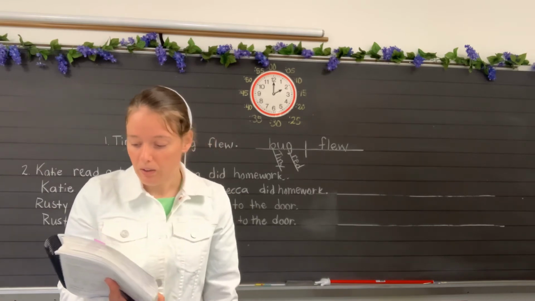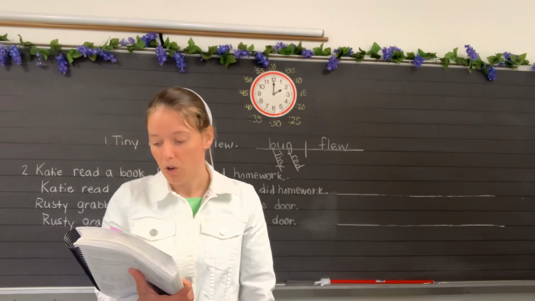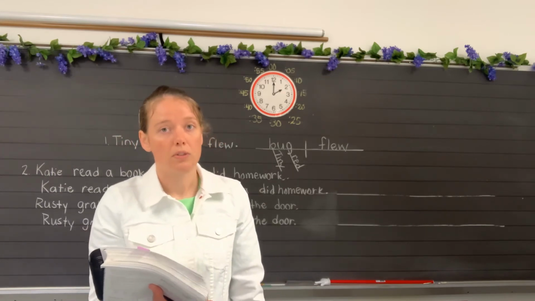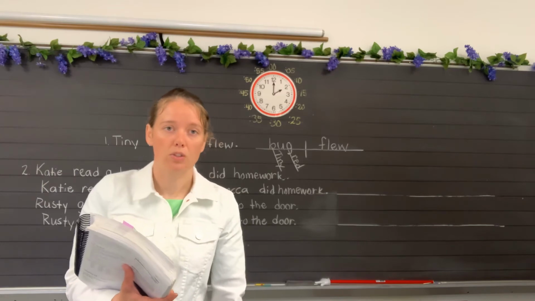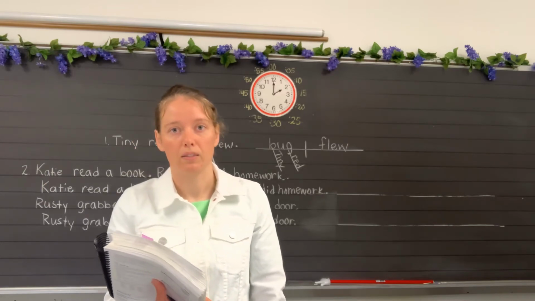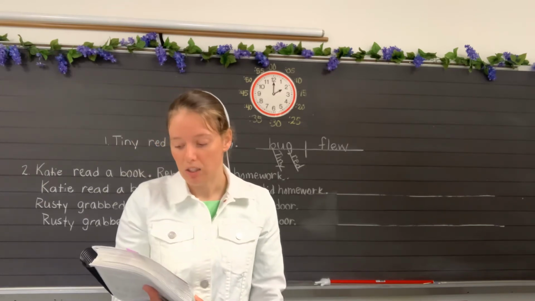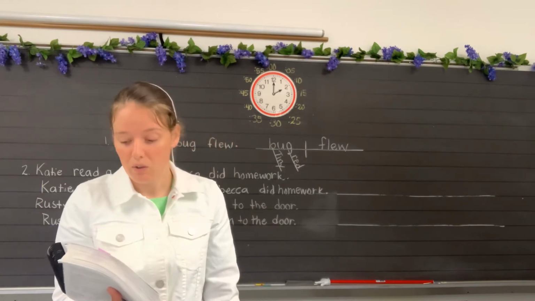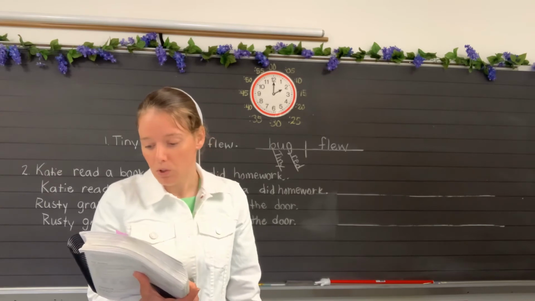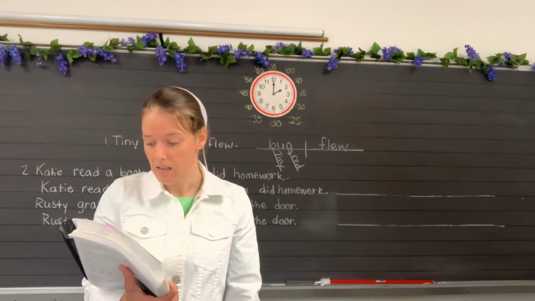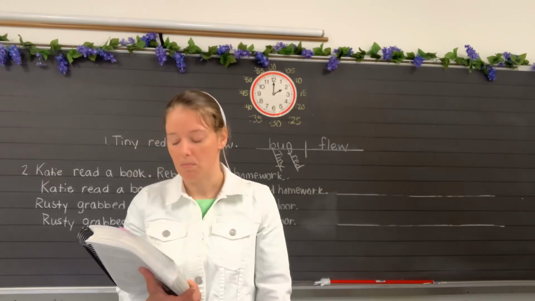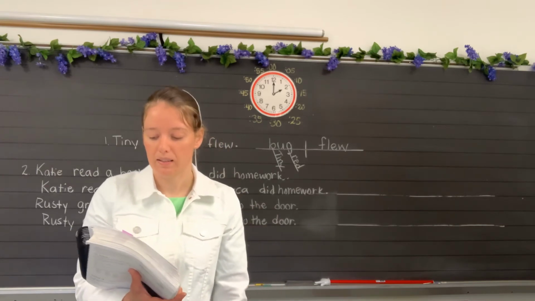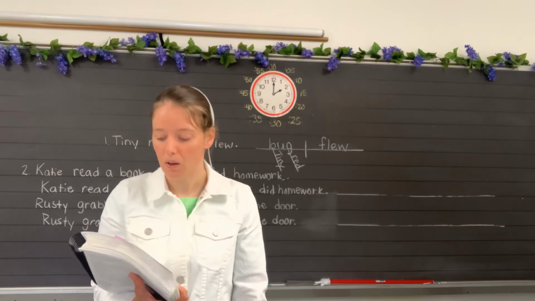Part C, follow these directions. Number 4, show your letter to your teacher. So since you're not with me, you can show it to your mom, and she can look over it and make sure that it's ready to go. And then number 5, fold your letter neatly and put it in an envelope. Number 6, write your address in the top left corner of the envelope.